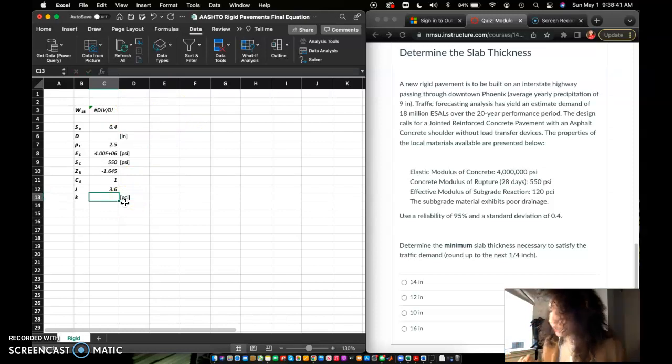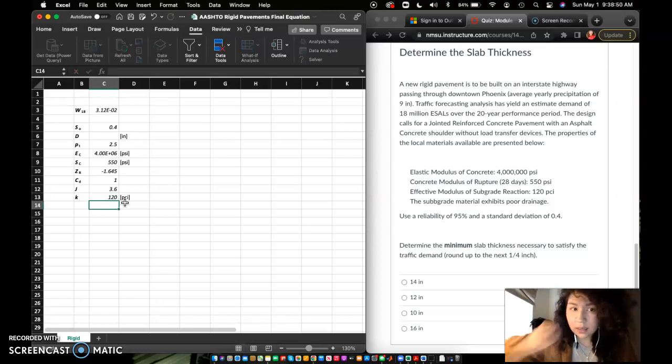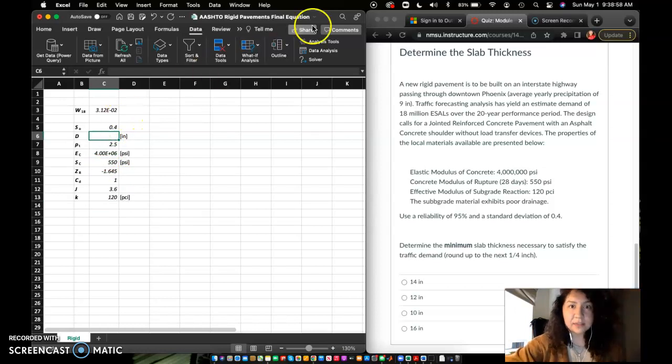And then my effective modulus of subgrade reaction is 120. So now I'm going to solve for my thickness.